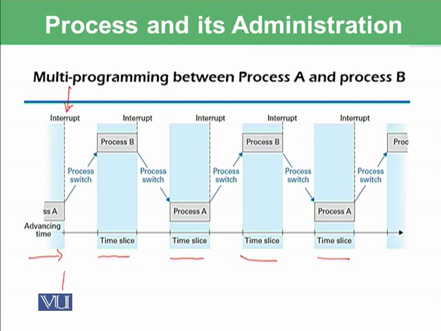Whenever there is an interrupt, there is a process switch, which means saving all of the state of this process and moving to process B. Similarly, process A, then process B. This gives equal time slices, as discussed previously. This is one way of multi-programming between process A and process B.